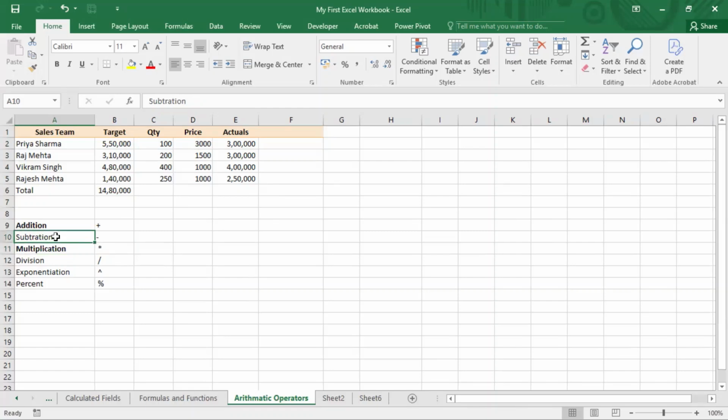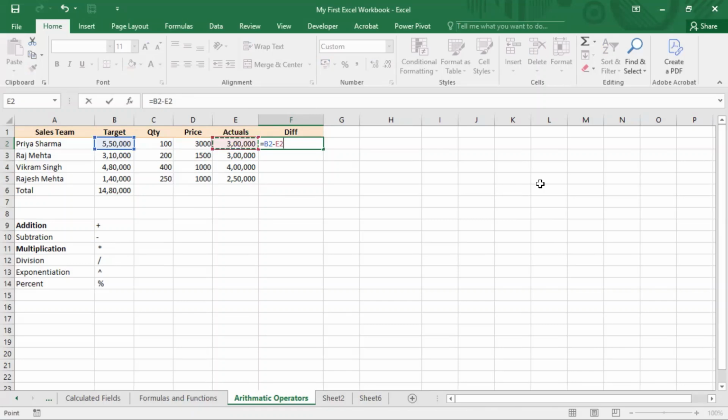Now let's see subtraction. If I want to see the difference between the target and actual, I'll say difference. I'll say target minus, with a hyphen sign, the actuals. This will give me the difference between the achievement that I have done against the target.